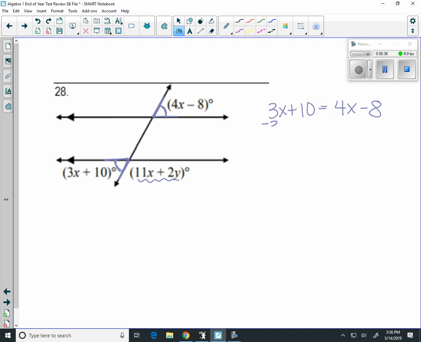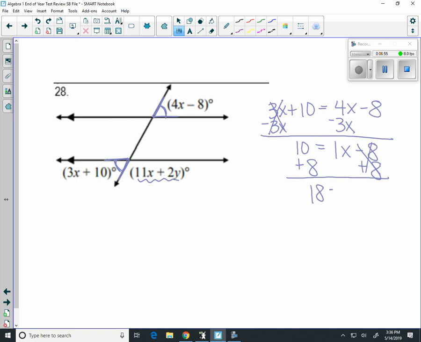No like terms to combine. I'm just going to start by moving across the equal sign. Over. 1x is just x. That was too quick. Rewind. Pause when you need to. That's the beauty of using these videos.